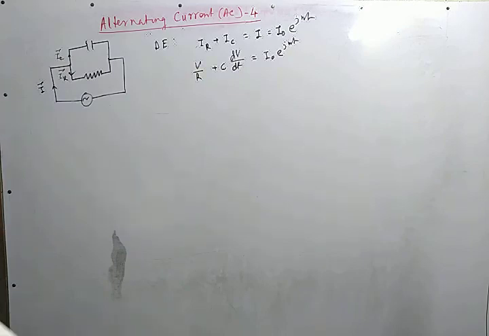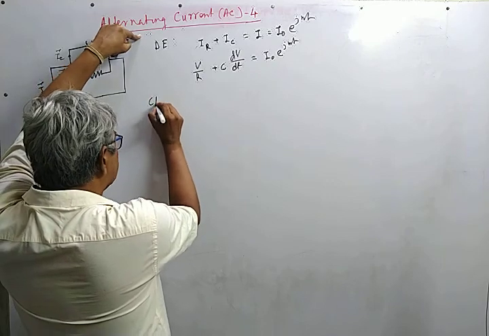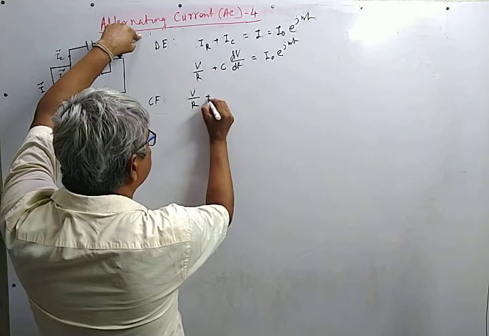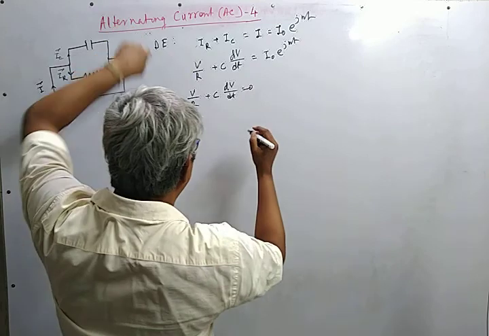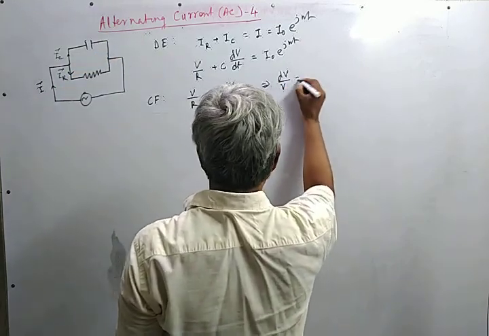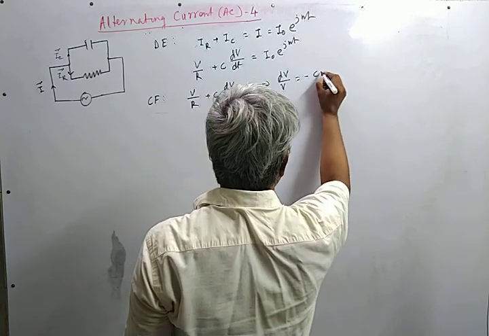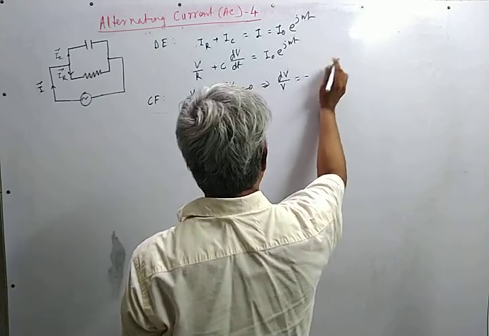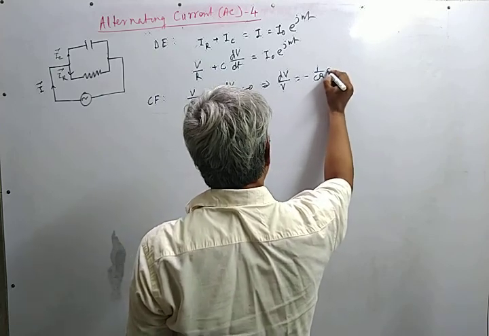If we want to solve for the complementary function, this is V by R plus C dV/dt equal to 0, which gives dV by V is equal to minus 1 upon CR dt.